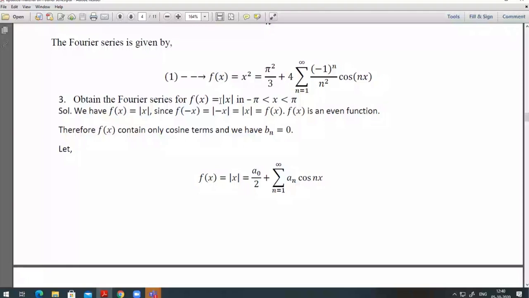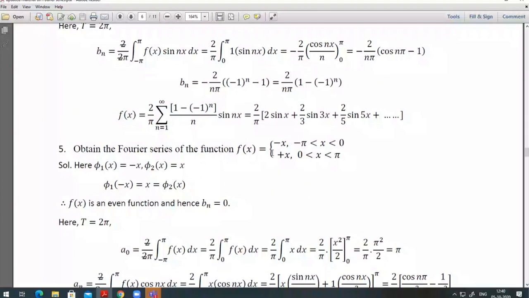So what is that function we got? That is pi by 2 minus 4 by pi. So finally we get the same answer. Now it should be right. Oh yeah, here pi by 2 minus 4 by pi, same.